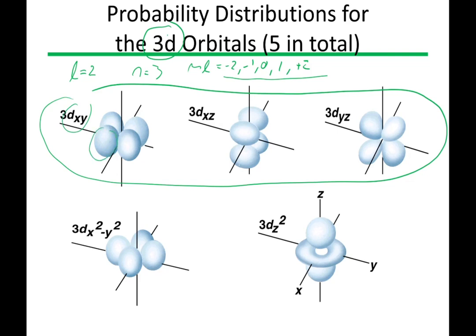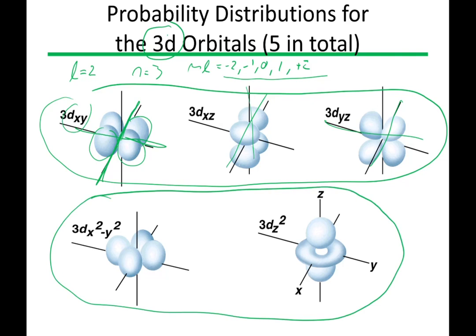Notice the lobes of the clover leaf for dxy are in between the axes, so there are empty spaces along the axis for the 3dxy, the dxz, which lies in the xz plane, and the dyz, which lies in the yz plane. The other grouping of d orbitals are the dx squared minus y squared, which is in the xy plane, but now the lobes of the clover leaf are on the x and y axis, and the dz squared, which while it has a weird shape is actually analogous to the rest of these orbitals, and it has its main orientation on the z-axis and a donut ring on the xy plane.